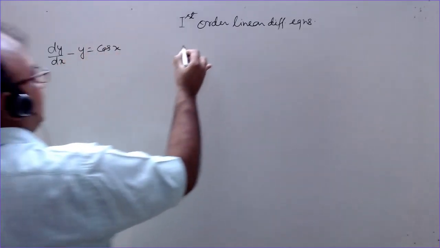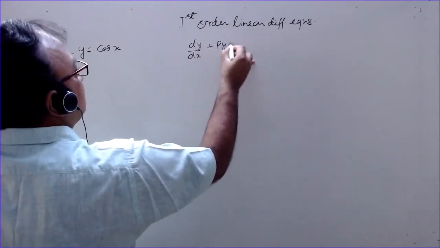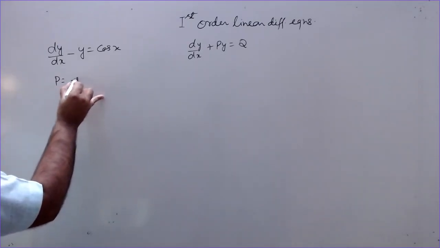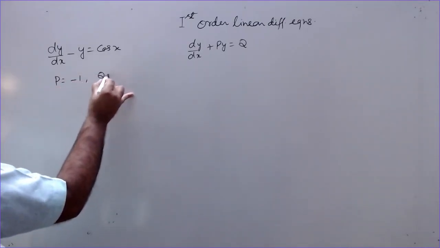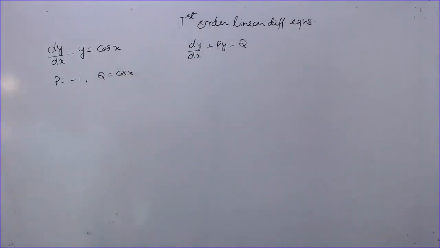So if you compare this with the standard equation, you get p equal to minus 1 and q is cos x. So q is a function of x and p is a constant. So this is a linear differential equation, Bernoulli's equation.